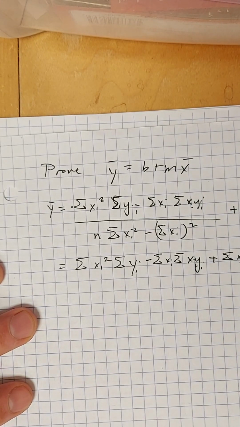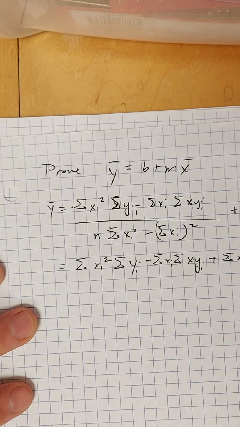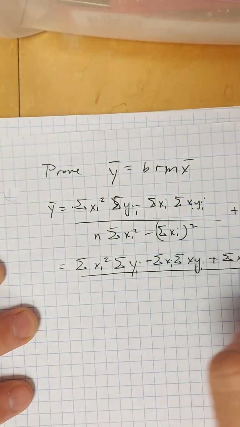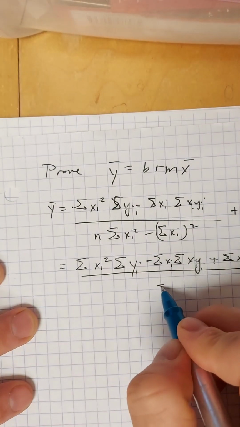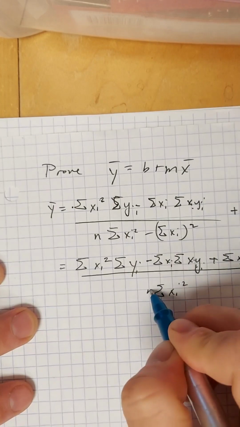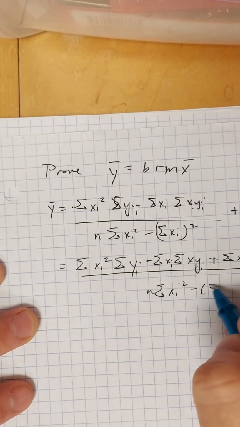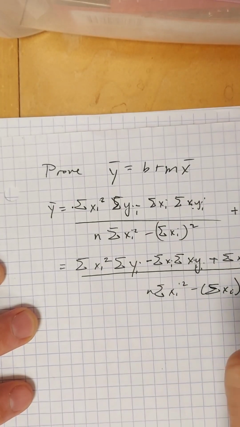So I see some good things starting to happen here. 1 over n, the sum of x_i squared times the sum of y_i, all over the quantity n times the sum of x_i squared minus the sum of x_i squared.